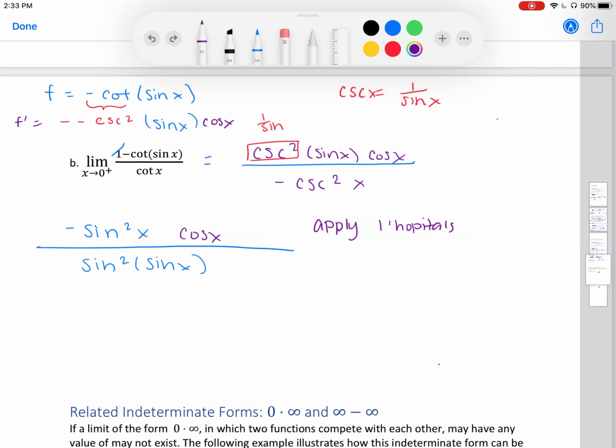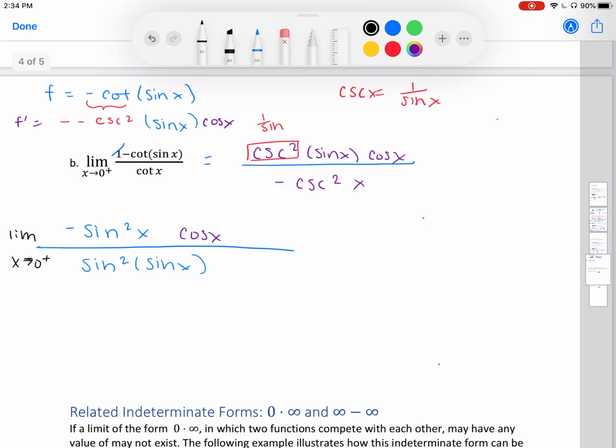Let's go ahead and use our limit rules from chapter 2. So let's not forget to write the limit as x approaching 0. Now our problem is only with those sines, only with these sines here. So let's go ahead and split our argument before we apply L'Hopital's.